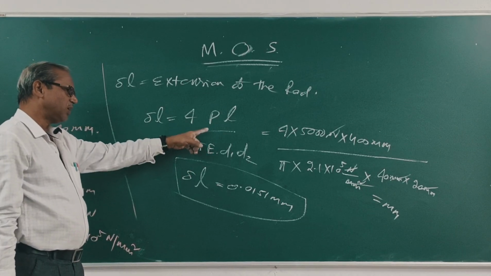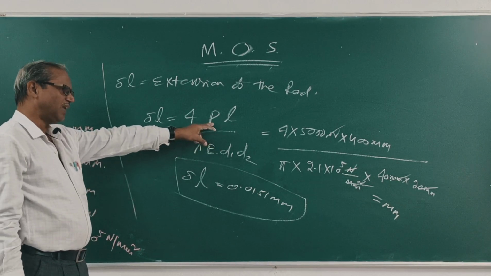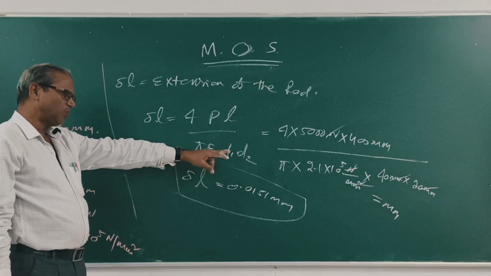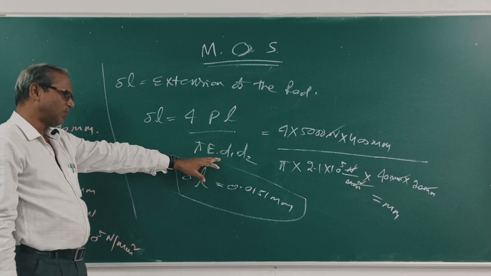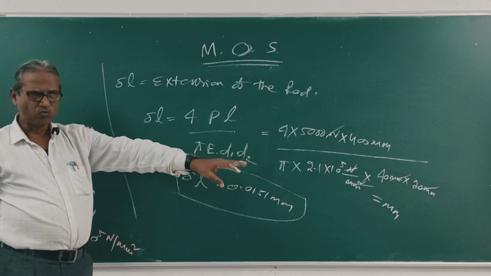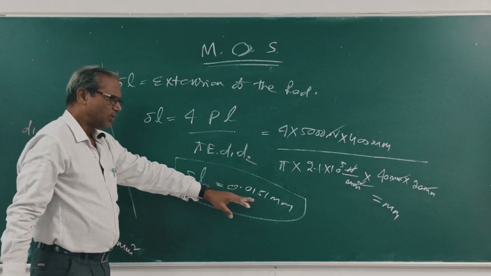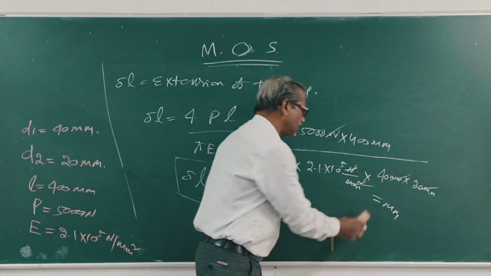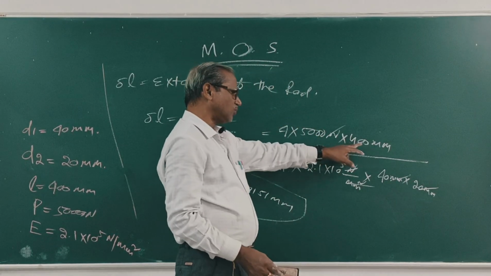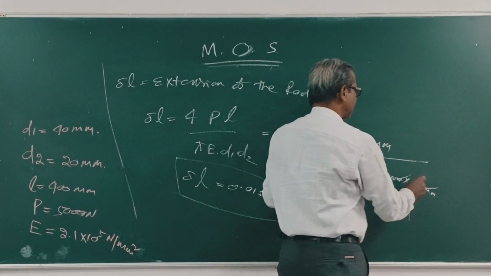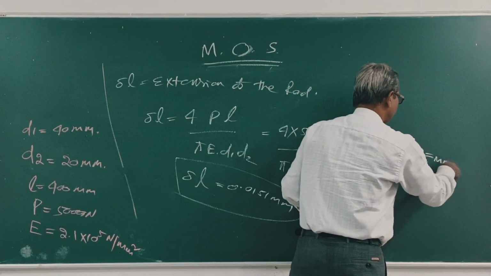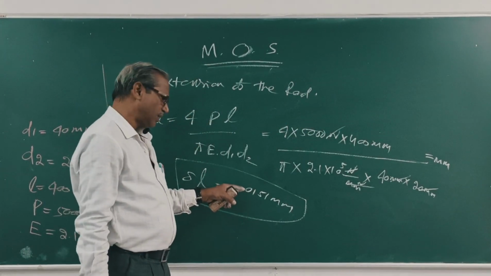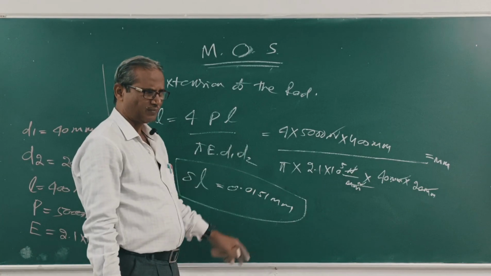Newton cancels out, mm square cancels out, so only mm remains. The answer is in mm. Right? This way 0.0151 mm. You use a calculator to find the answer.